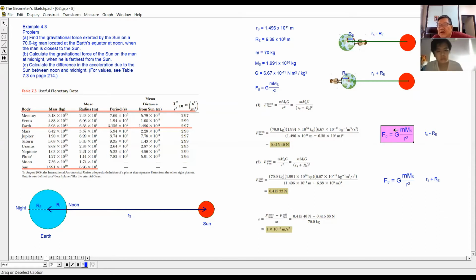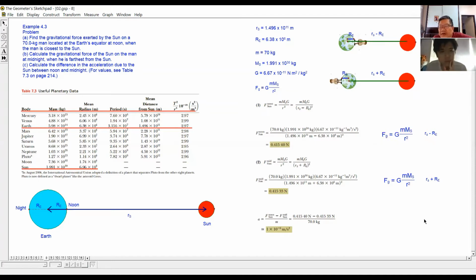So this gravitational formula tells us the force of attraction between the sun and the man, not the earth and the man, the sun and the man, is the universal constant multiplied with the mass of the man, multiplied with the mass of the sun, divided by the square of the distance between them. And during noon time, that distance is Rs minus Re.